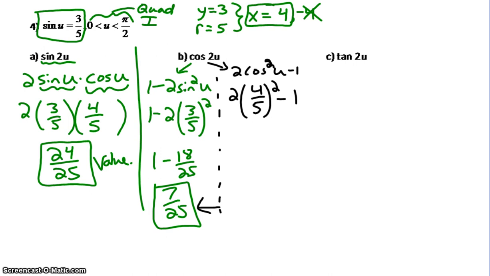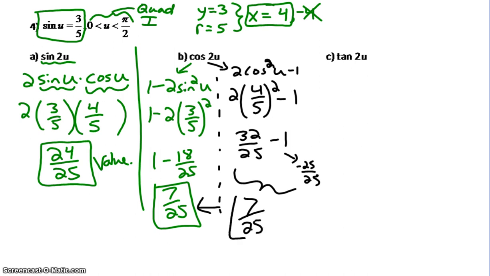That will give me a 32 over 25 minus 1. And that 1 could obviously be written as 25 over 25. Like denominators, gives me, one more time, a value of 7 over 25. So we should be feeling pretty good that we get choices with the cosine.